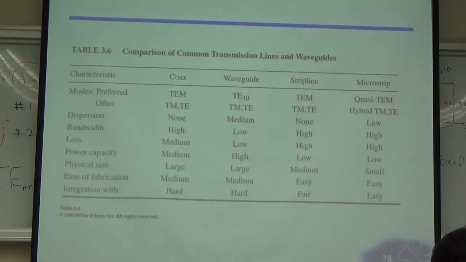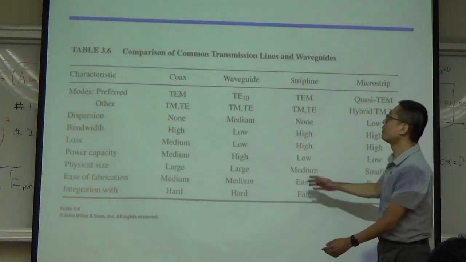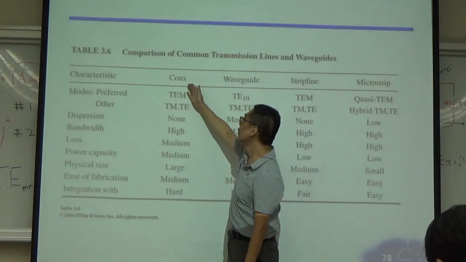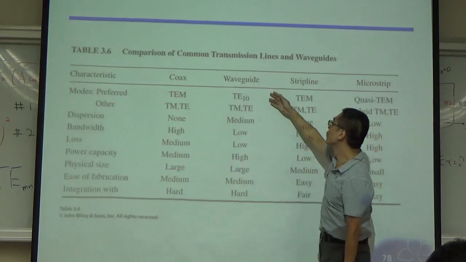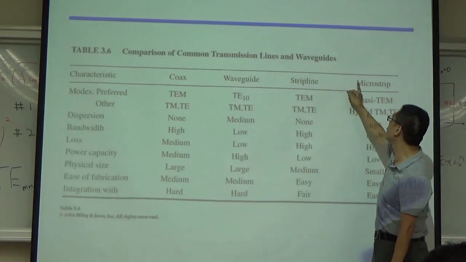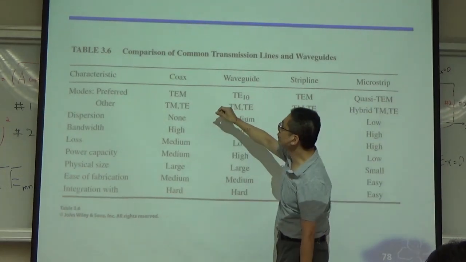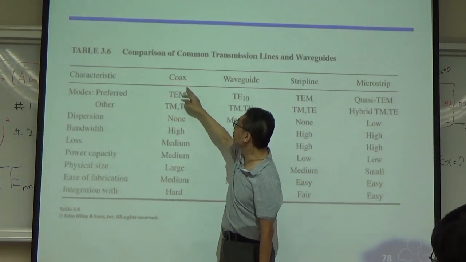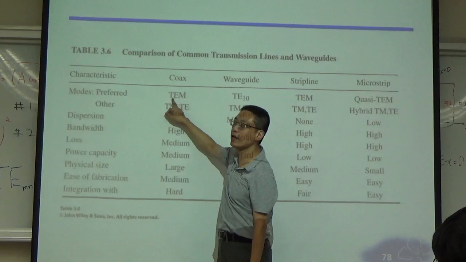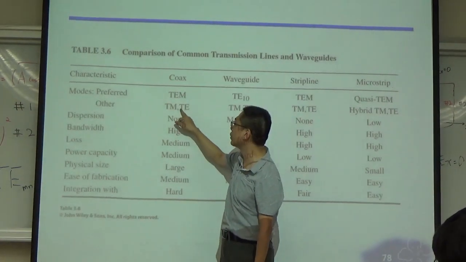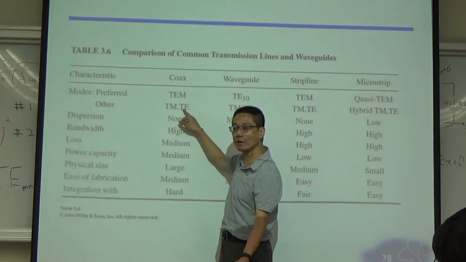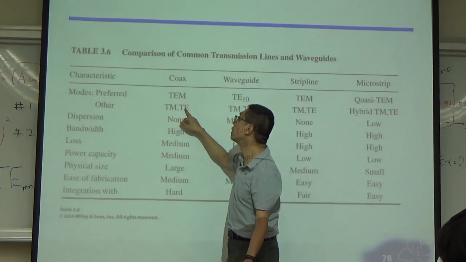So I make some assumptions and conclusions about the whole semester. You have a coaxial cable, you have waveguide. Maybe we can skip the strip line, we already went to microstrip line. For coaxial cable, you usually use a TEM mode, but actually in coaxial cable, you have TM mode and TE mode inside as well.